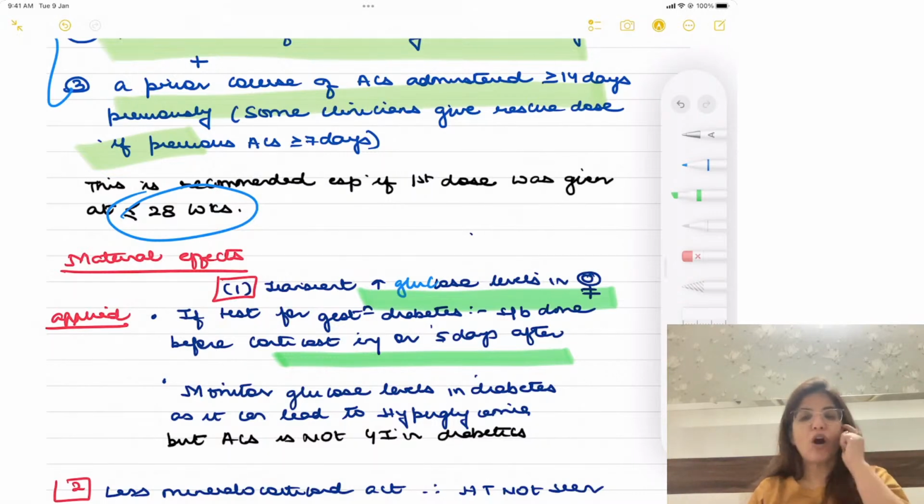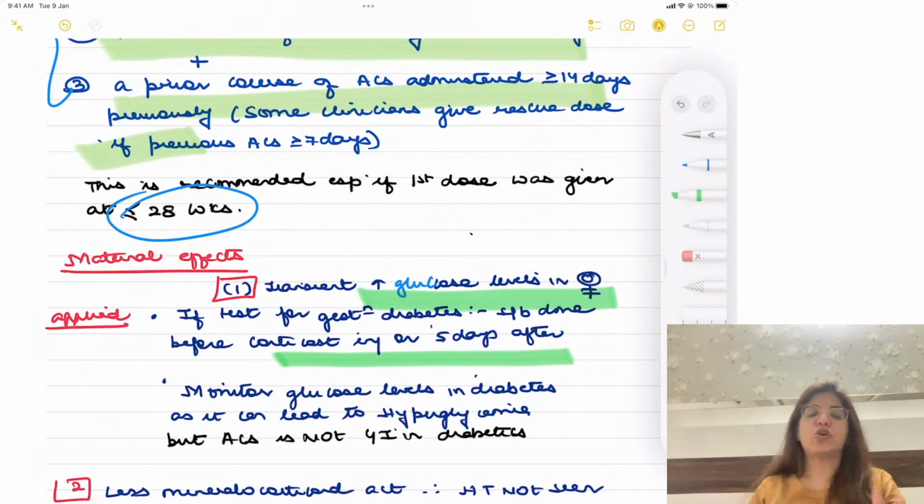Now tell me, will I give her corticosteroid or not? Because corticosteroid will temporarily increase glucose. So is hyperglycemia a contraindication for giving corticosteroid? No.